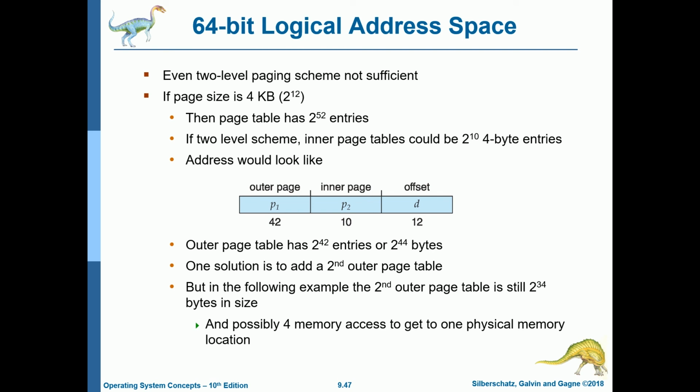If we use a two-level paging scheme, then the inner page table can conveniently be set to 1 page long, or contain 2 to the power of 10 4-byte entries. Now, the outer page table consists of 2 to the power of 42 entries, or 2 to the power of 44 bytes. The obvious way to avoid such a large table is to divide the outer page table into smaller pieces.